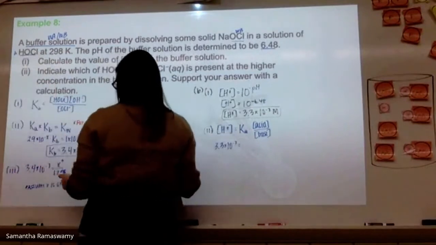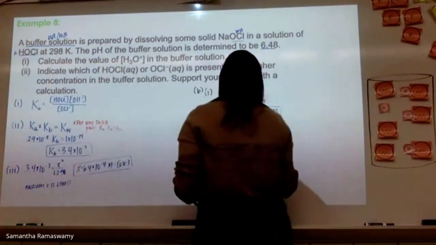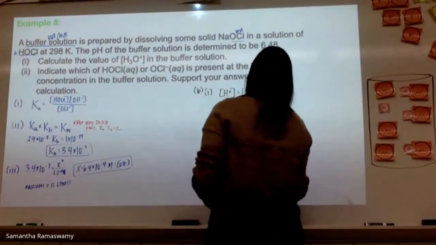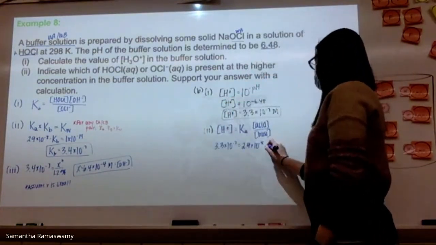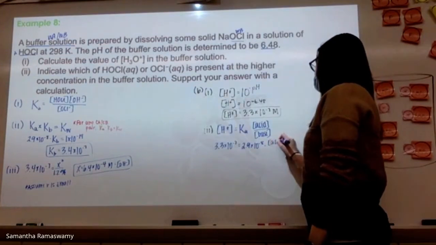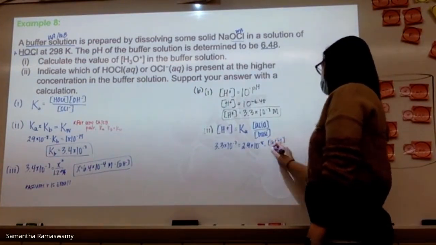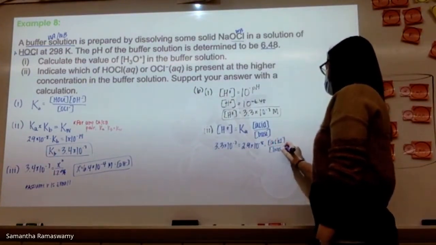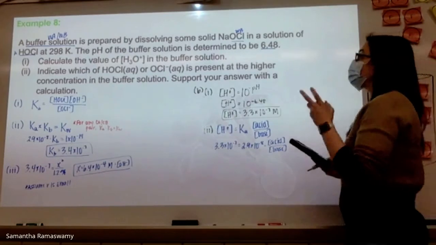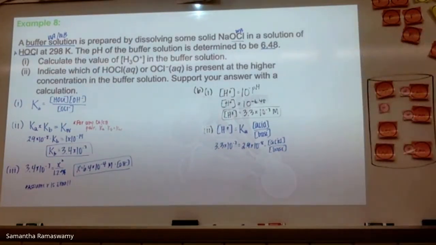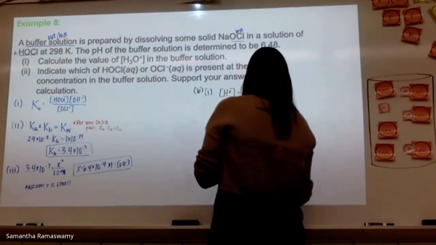And we're going to leave acid over base as a variable, and solve for it. This is a very common way that they use math for a conceptual question. So if I do 3.3 e negative 7 divided by 2.9 e negative 8, we get 11.38 equals acid over base.